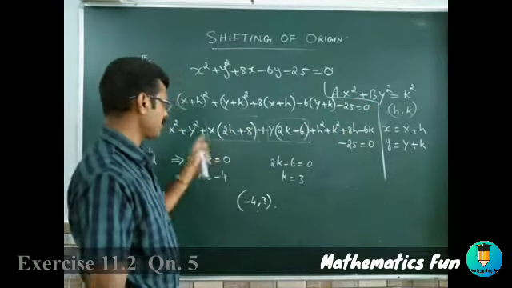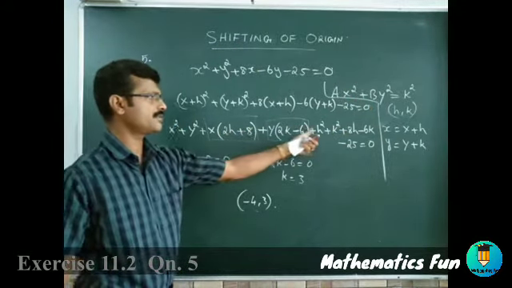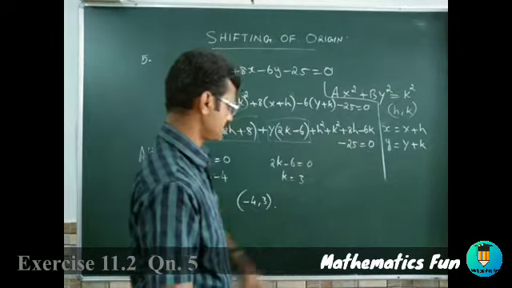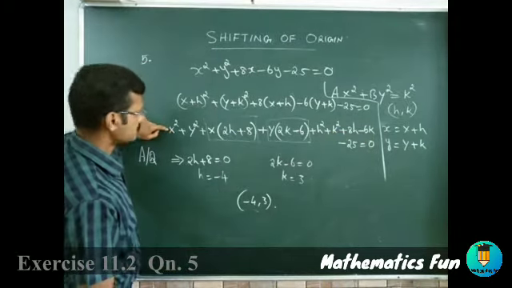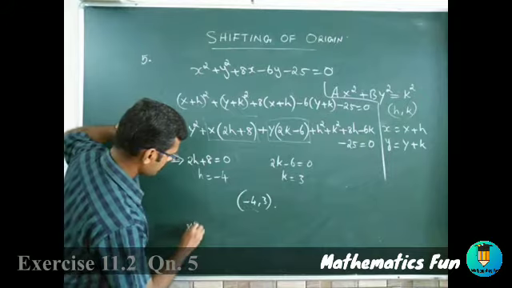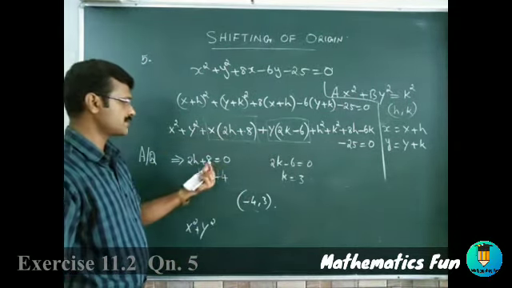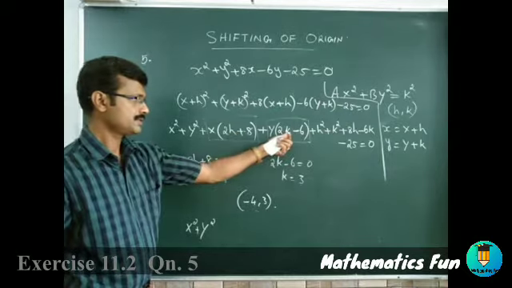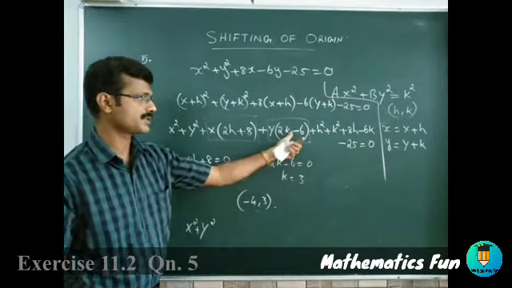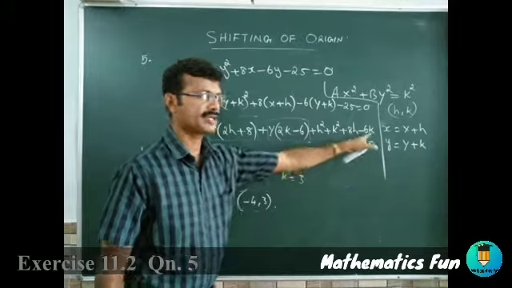Now we will put this point here in place of h and k and convert it. This is X square, this is Y square. This term becomes 0 if you put h. This also becomes 0 if you put k. Now here I will substitute.